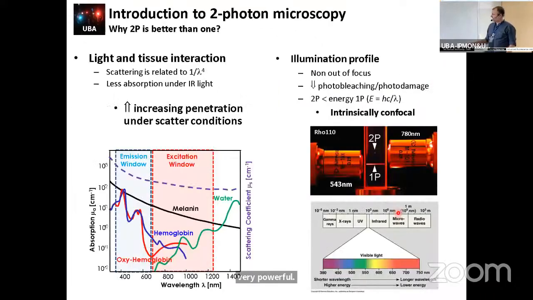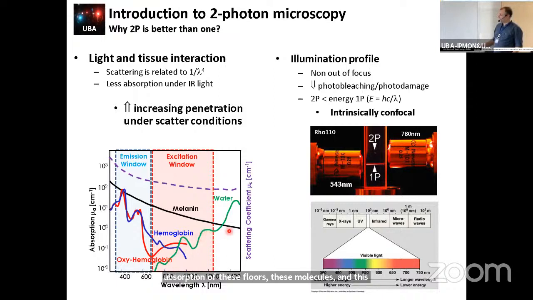The other important thing is, when you penetrate the tissue, you have absorbers like hemoglobin or melanin or water, and there is a special window between 600 and 1200 nanometers which is very transparent. So there is not that much absorption by these molecules, and this is why two-photon can penetrate more into the tissue.